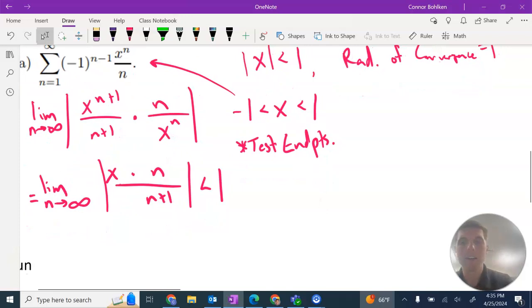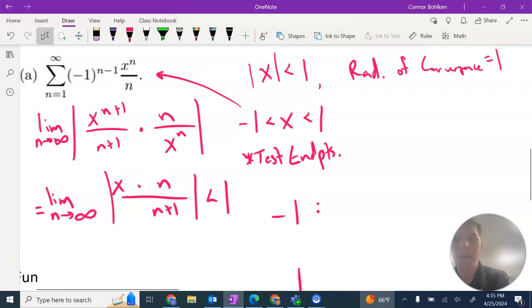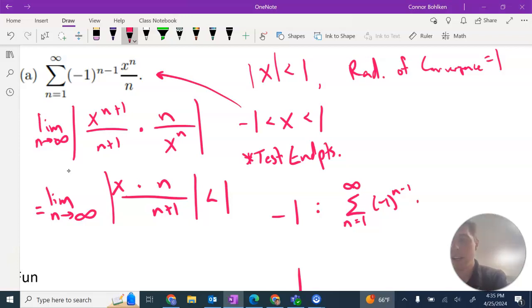I'm going to plug in -1 and 1. And when I plug in -1, my series looks like this. The sum from 1 to infinity of -1 to the n minus 1 times 1 to the n over n. 1 to the n is just 1.